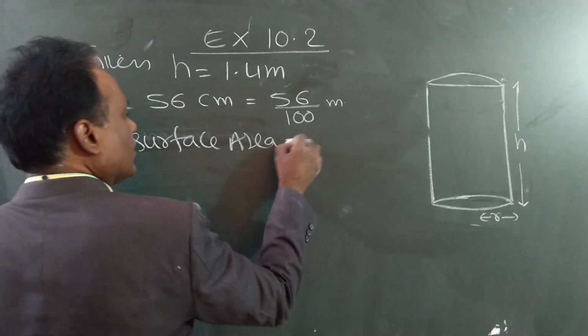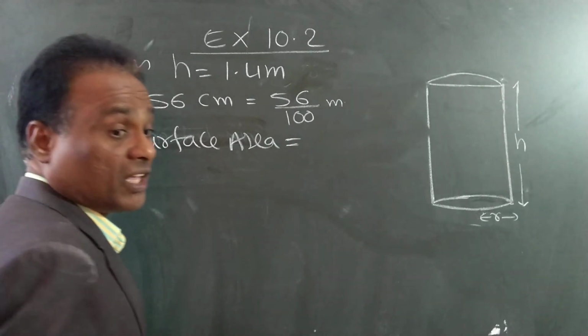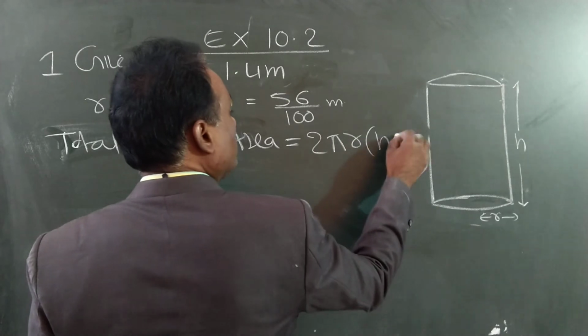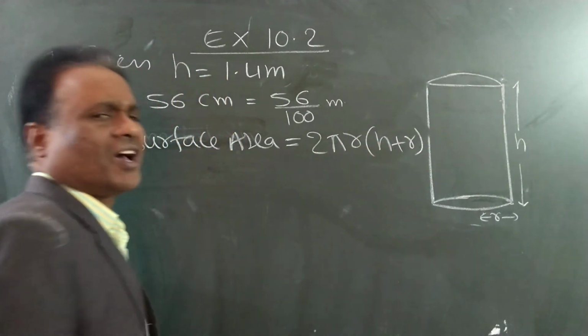is equal to, what is the formula? Just now I gave the three formulas. See the formula for total surface area: 2 pi r into h plus r, or r plus h. This is the formula I gave.